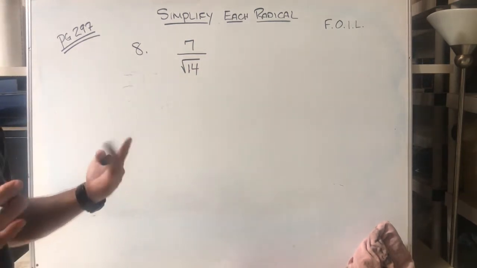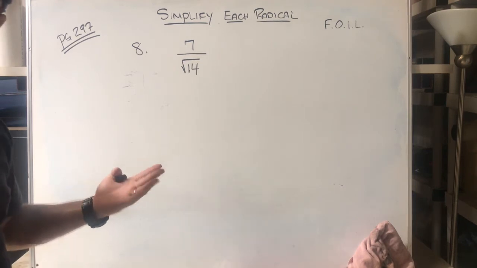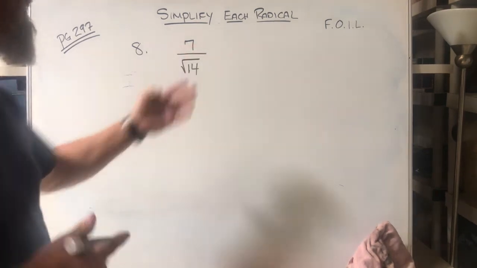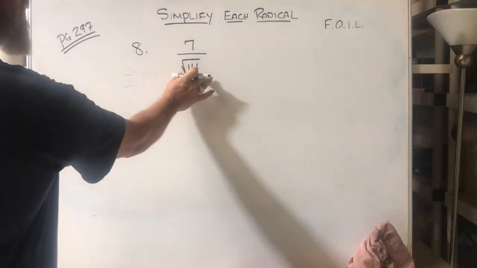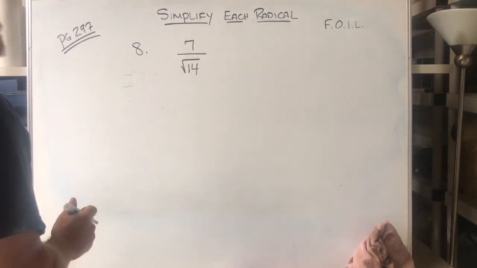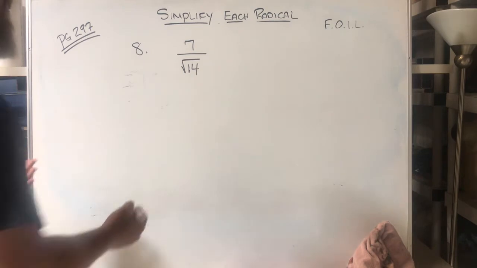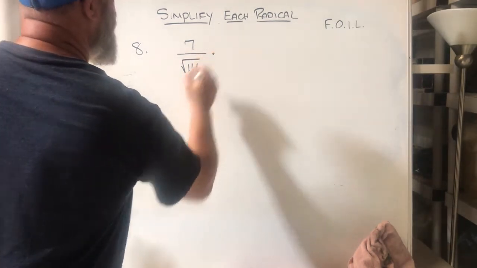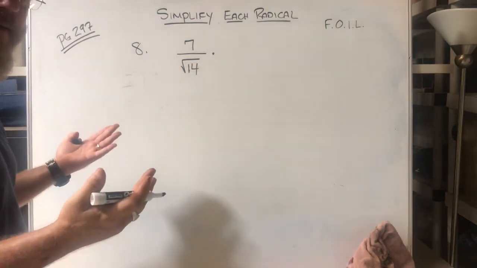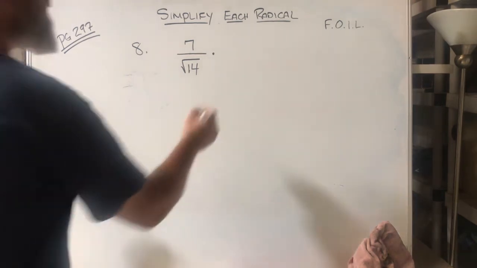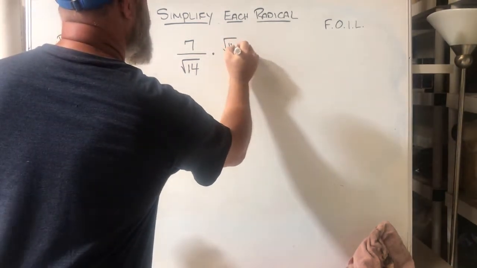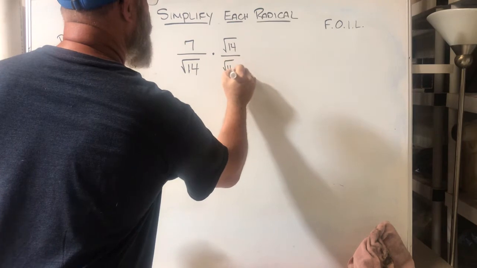I think that was in section 8.5. So to rationalize a denominator, we've got to get the square root out of the denominator. So how do we do that? Well, we multiply by 1, but we're going to use square root of 14 over the square root of 14.